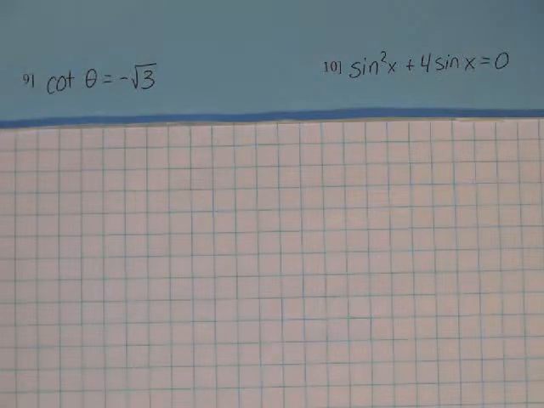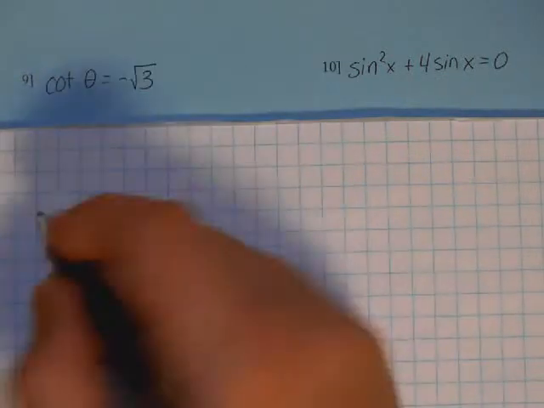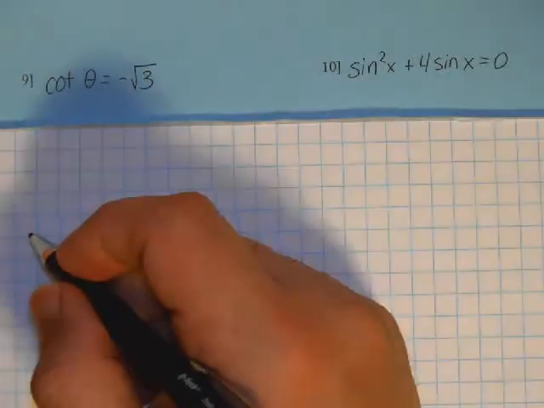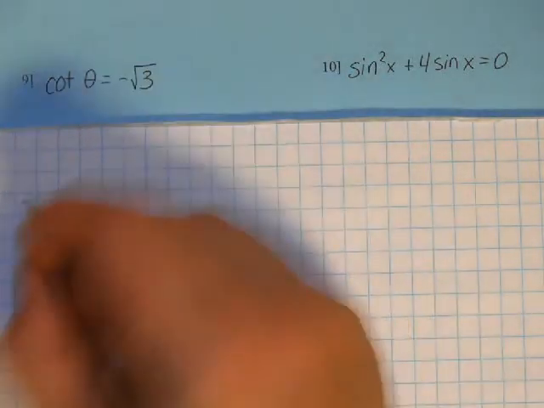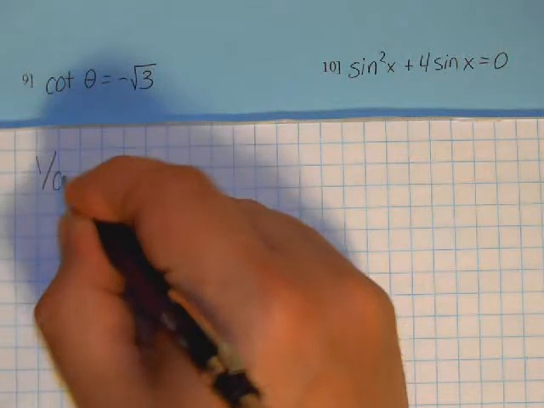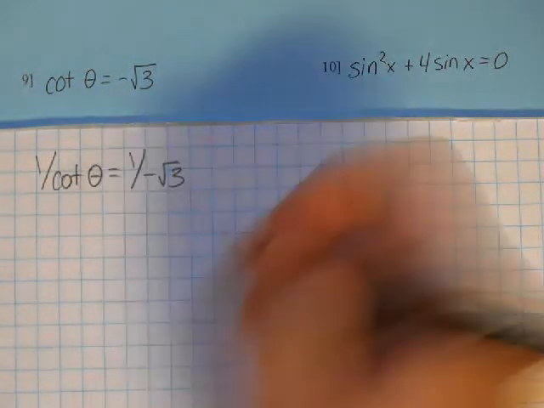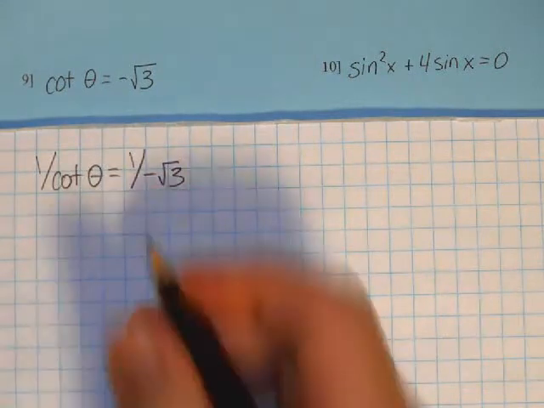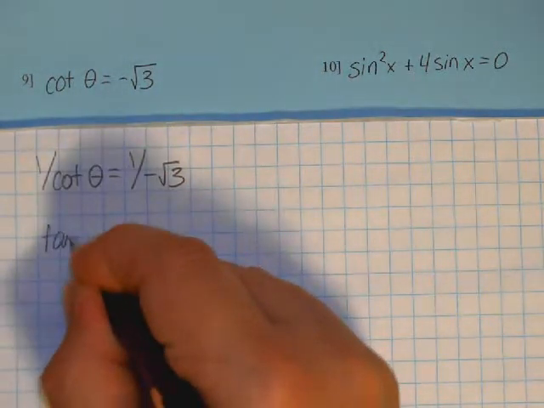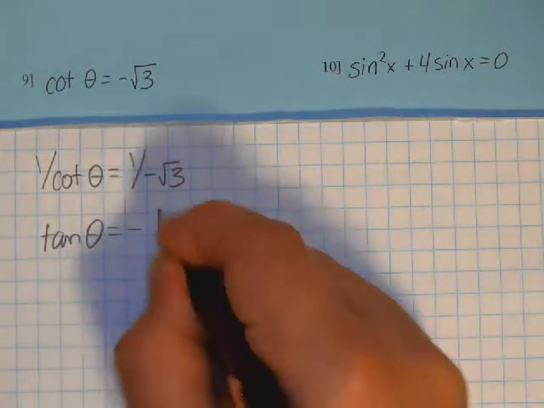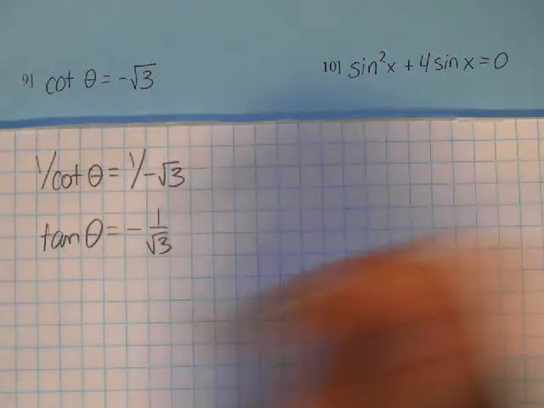Number 9, cotangent theta is equal to negative radical 3. Well, since most of you probably don't have cotangent written on your circle, you just take the reciprocal of both sides. The reciprocal of cotangent is tangent equals negative 1 over radical 3.